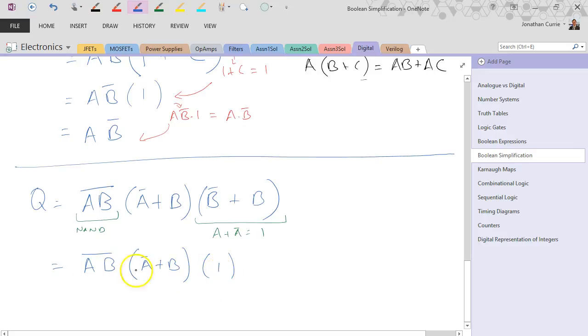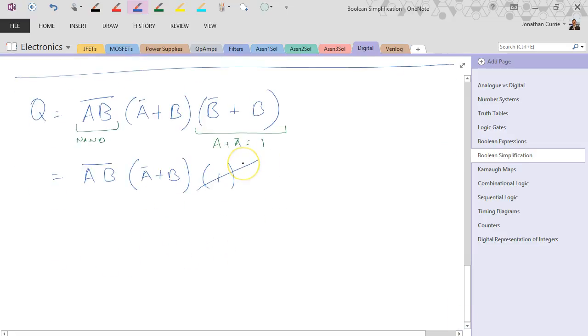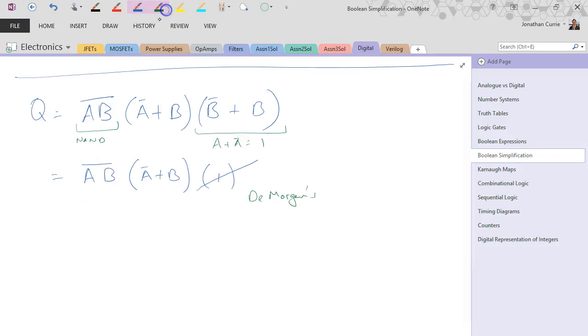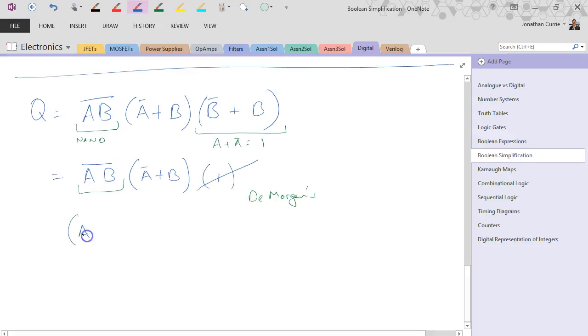Anything ANDed with 1 is the same as its original expression, so let's just cancel that out. I've still included it and drawn a line through it to show you that I've done that. We're then going to apply De Morgan's on this part here so that we get not A or not B and not A or B.